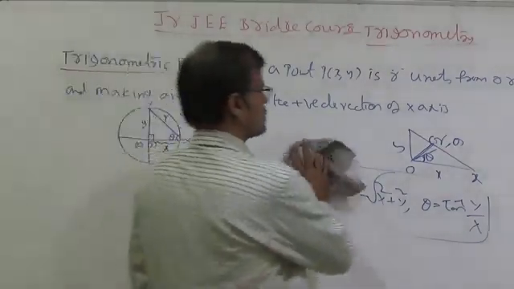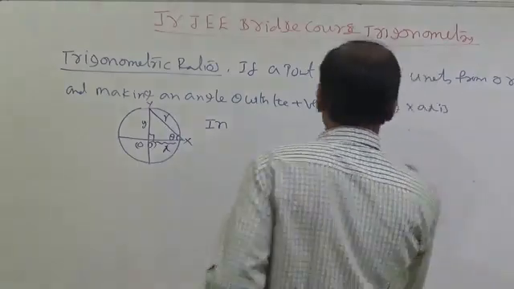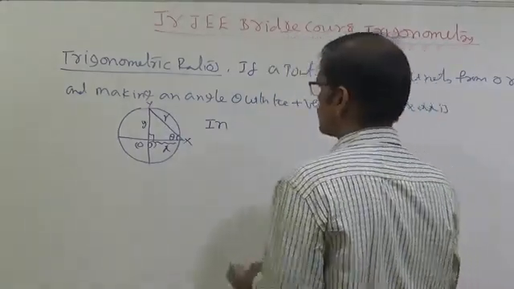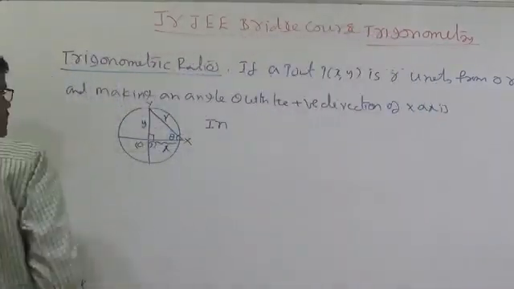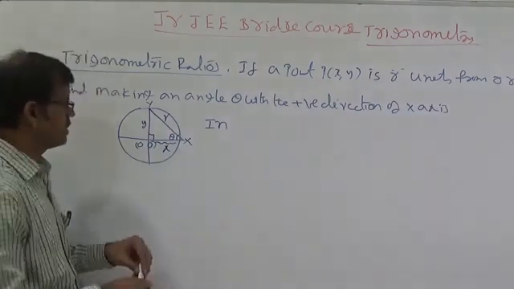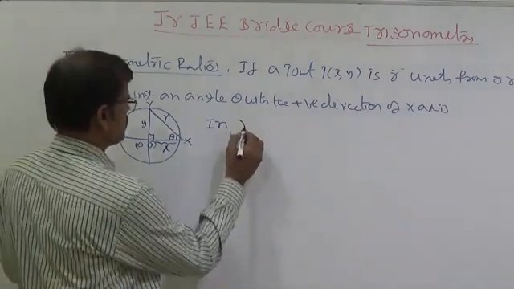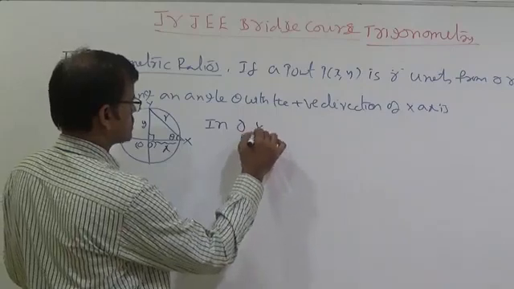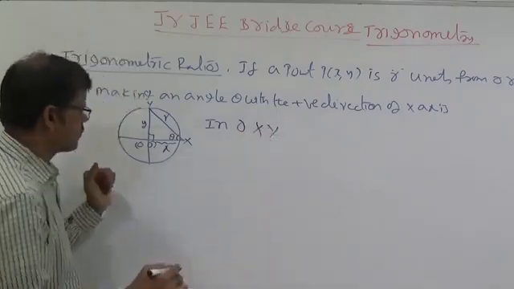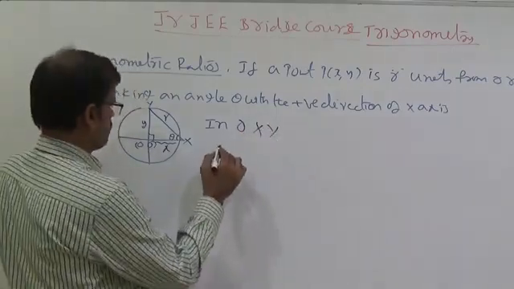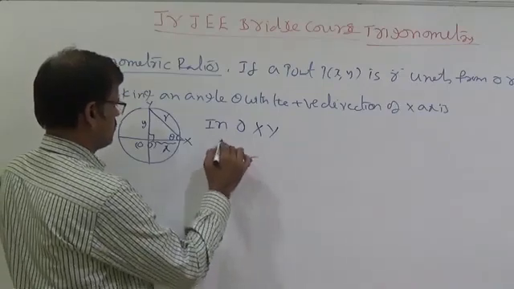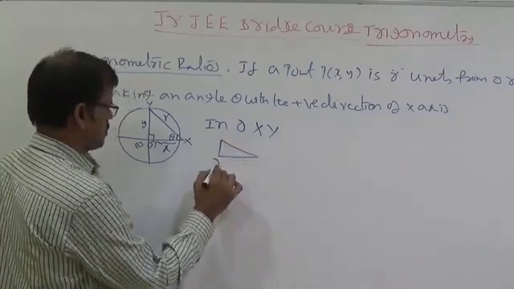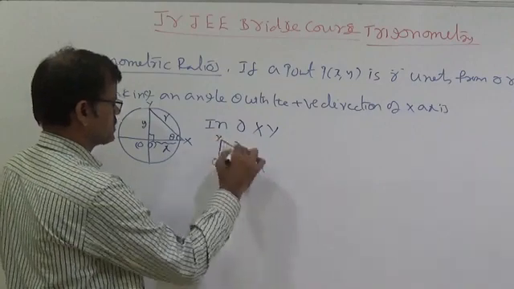Now I want to discuss with you about trigonometric ratios. Here, if theta is an angle in this triangle, in OXY triangle, angle OXY, this is r.